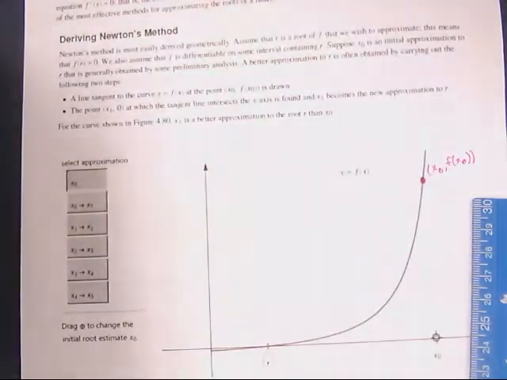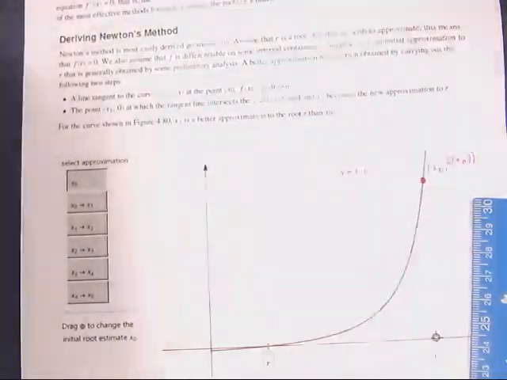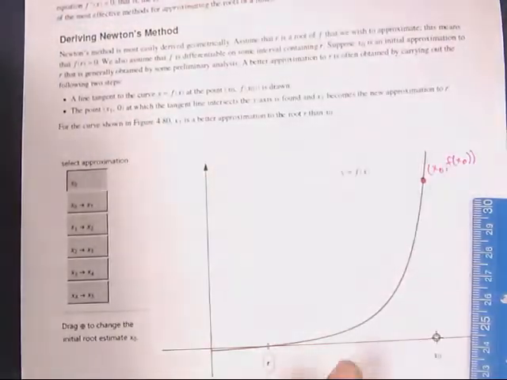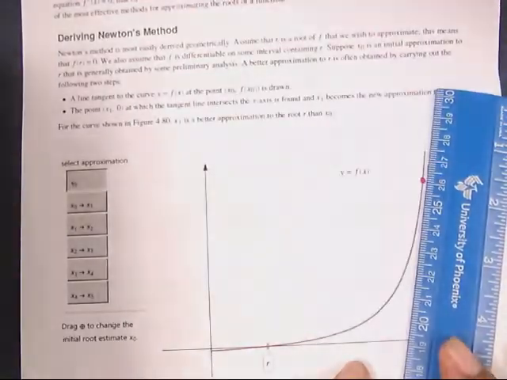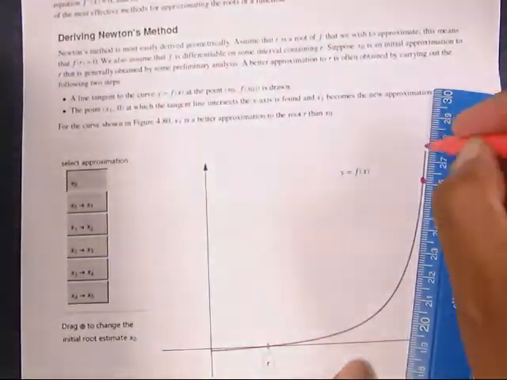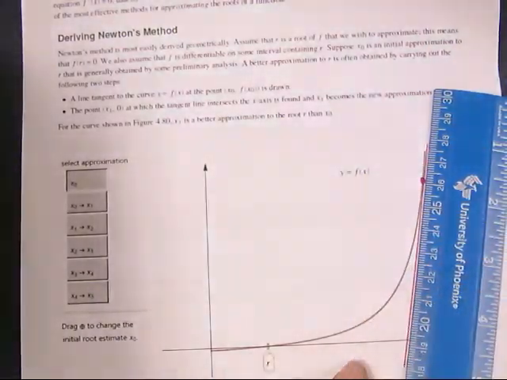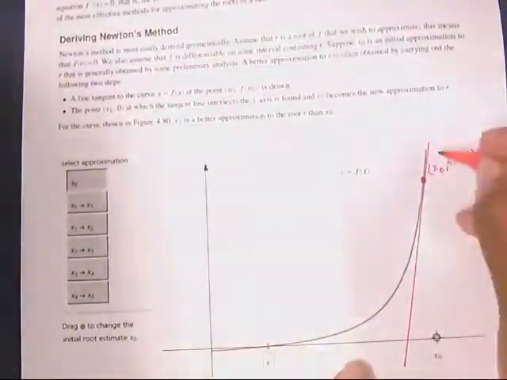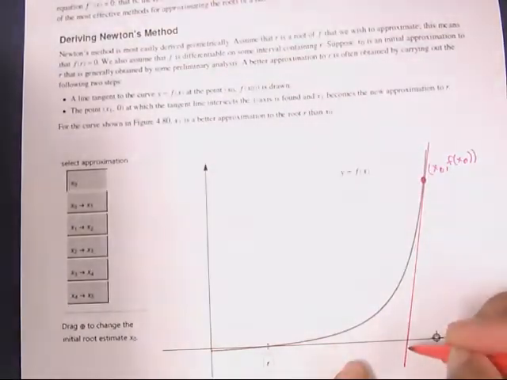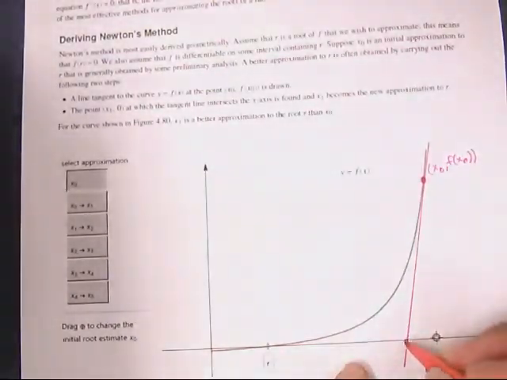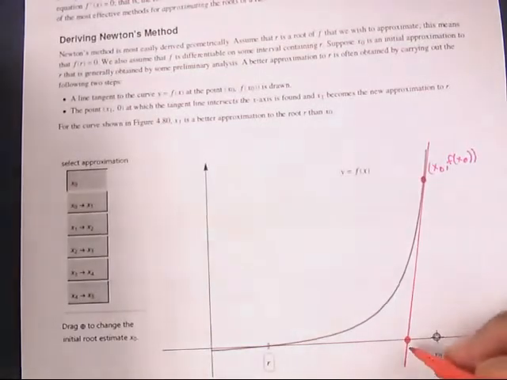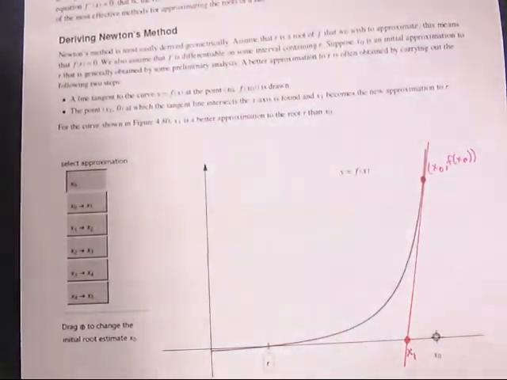And in this case here, if I draw a line that's going to be tangent to that particular curve, which is going to be this right here. Let's say this is the tangent line, and it touches the curve at that particular point. And as you can see here, that tangent line is going to cross the x-axis at this particular point right here, which I'm going to call x of 1.